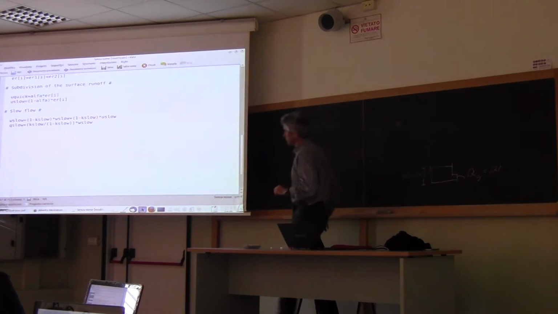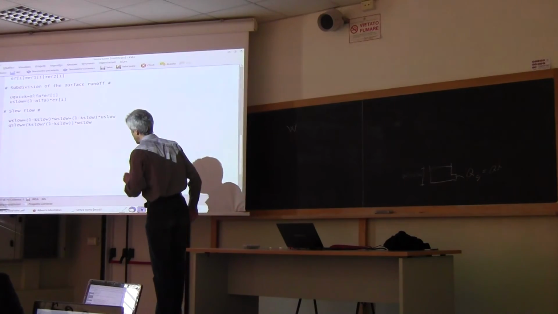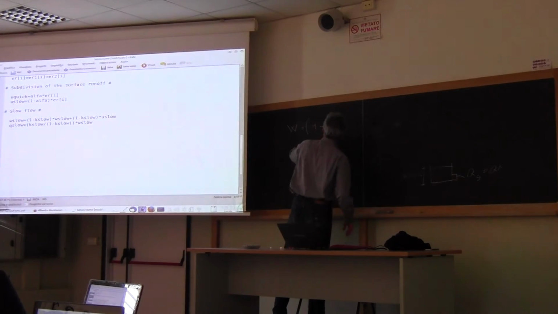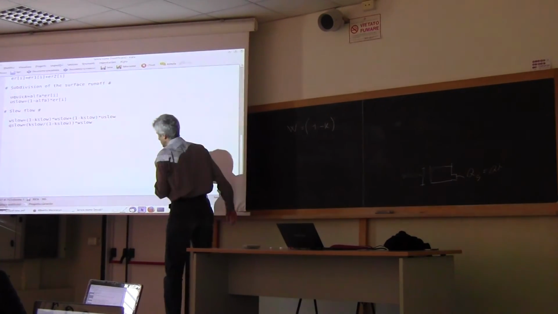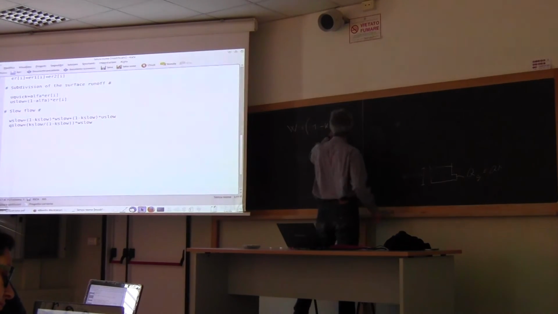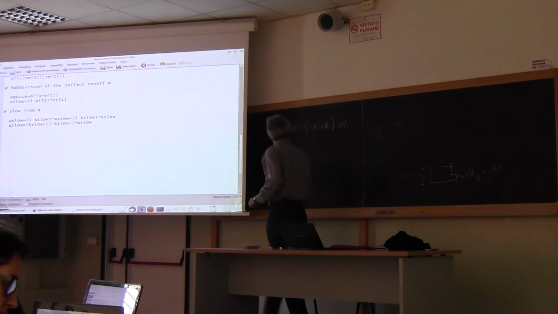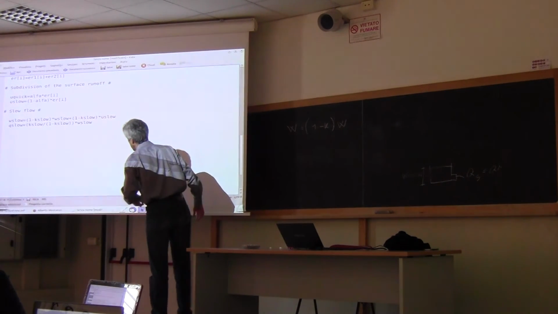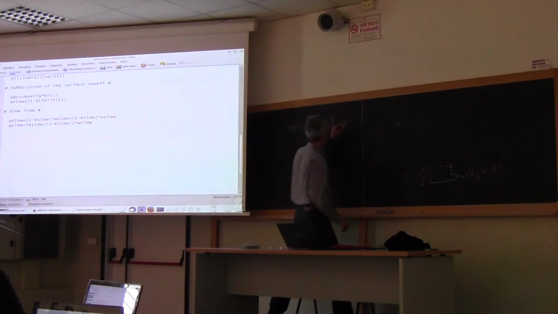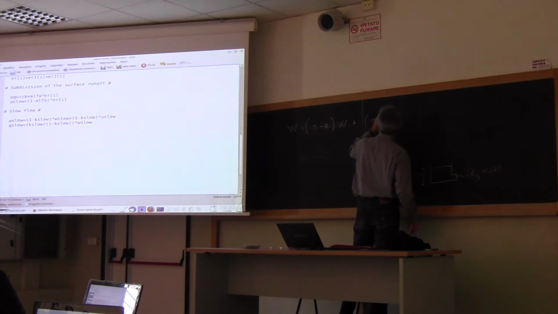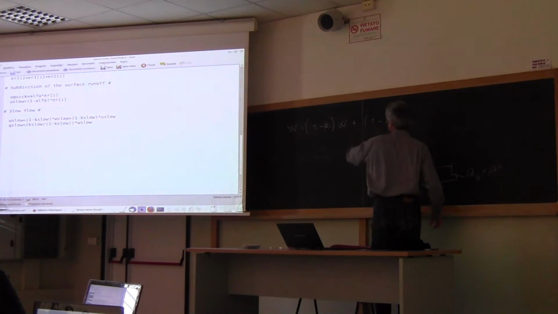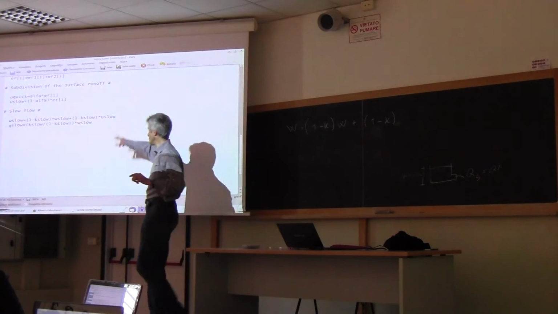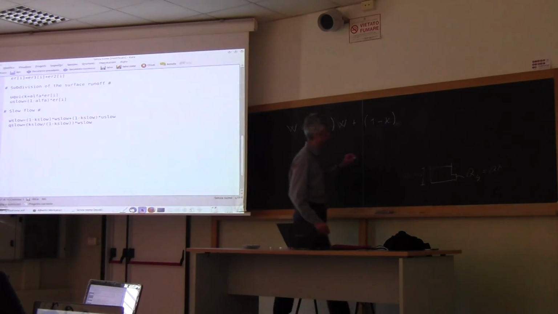So it says W is equal to 1 minus K times W, plus K times U. U is the contribution to runoff.